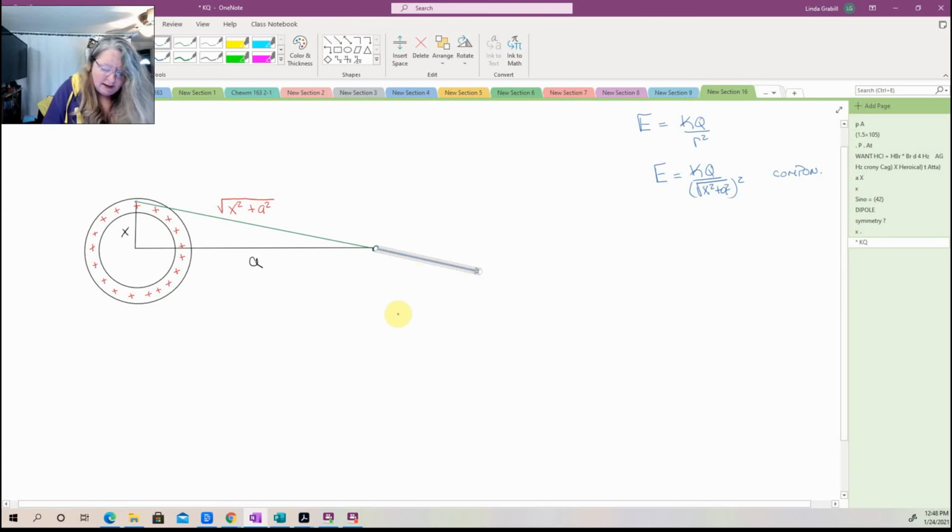That means I'm going to have x and y components because it's at an angle. I have my y component coming down, and then coming over is my x component. Cool. So I'm definitely going to need to break this thing up.